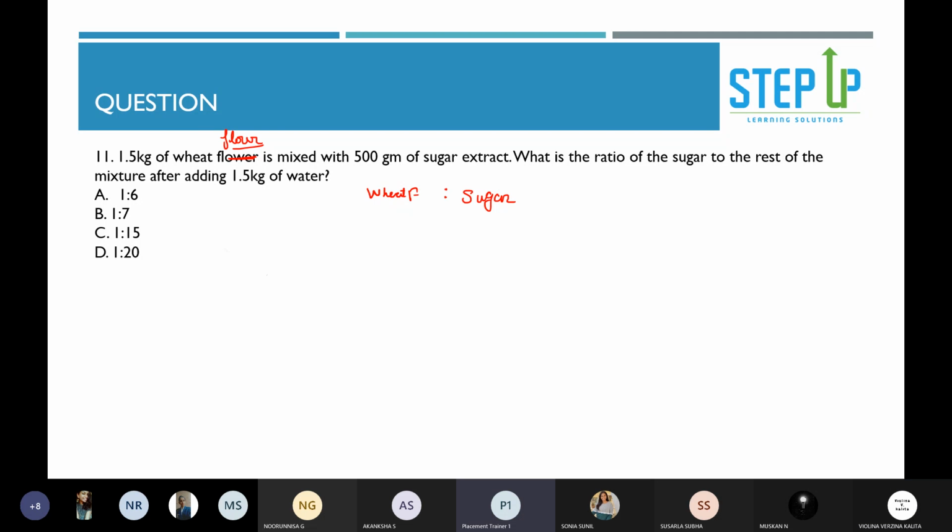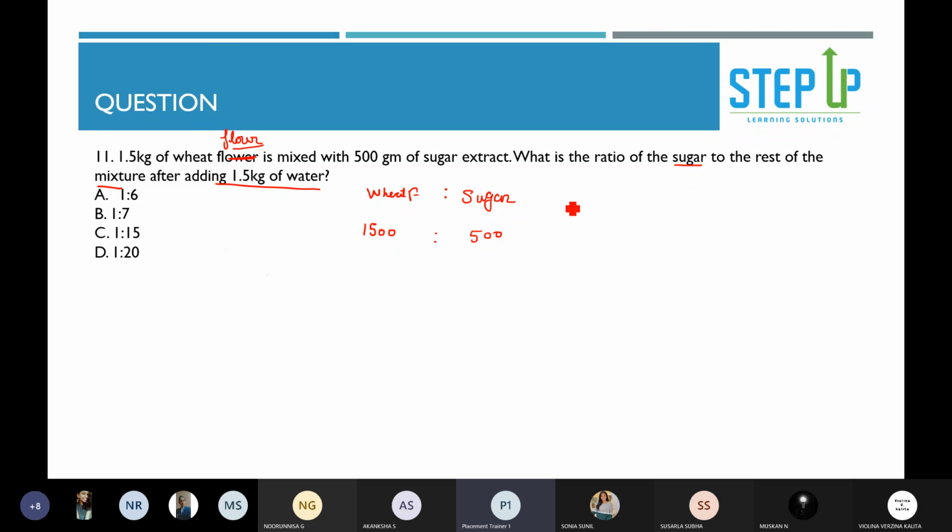Okay, tell me. How much flour is there? 1.5. So can I say 1500 gram? Yes, ma'am. Okay. How much sugar is there? 500 grams. Okay. Now what they're asking is the ratio of the sugar to the rest of the mixture after adding 1.5 kilogram of water.